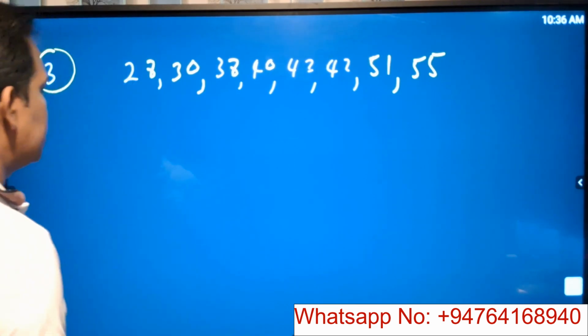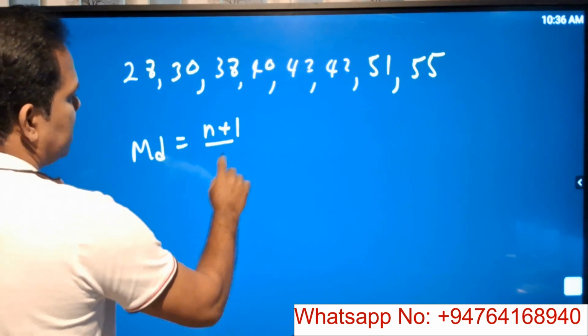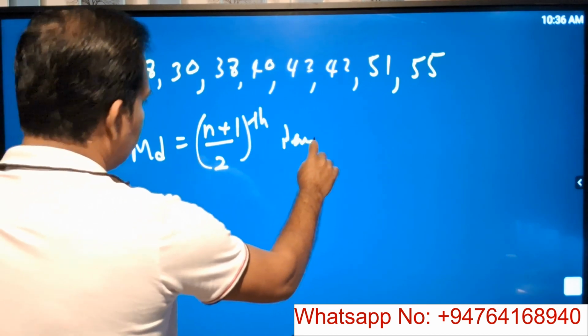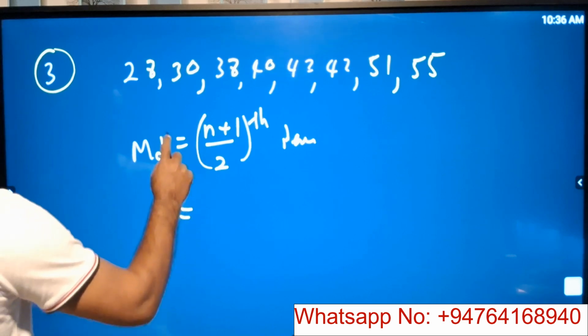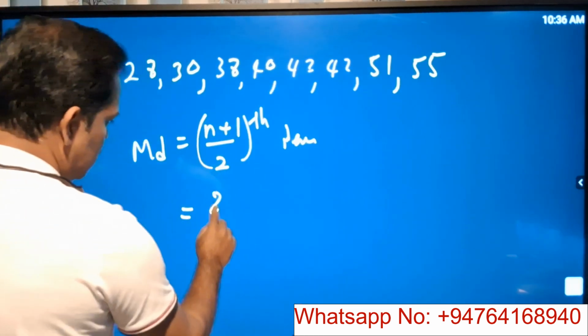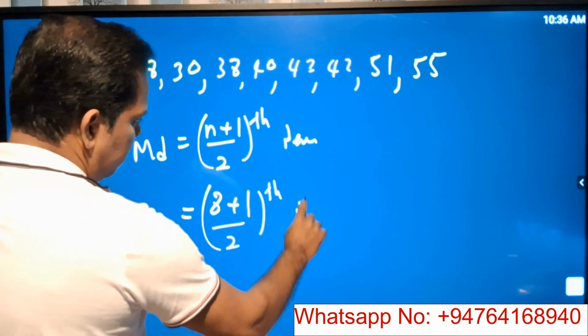Now tell me how to find the median. Median, you know, can be taken as (n plus 1) divided by 2. This item should be found first. Here we can see n. What is n? 1, 2, 3, 4, 5, 6, 7, 8. So 8 plus 1 divided by 2. This item should be found.